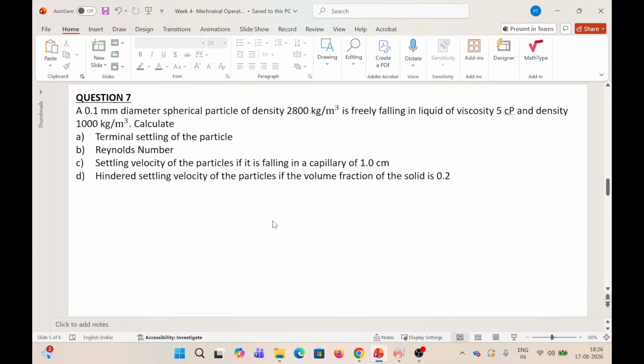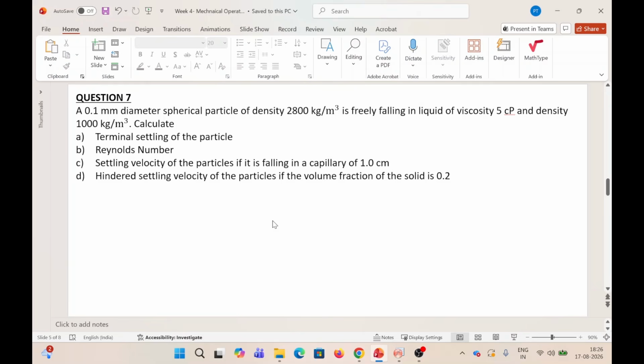The details are given. You have a 0.1 mm diameter spherical particle with a density of 2800 kg per meter cube. The viscosity of the fluid is 5 centipoise and the density of the fluid is 1000 kg per meter cube.